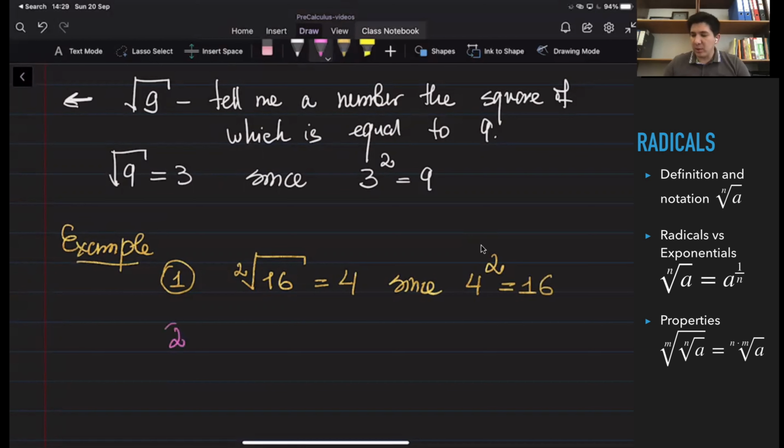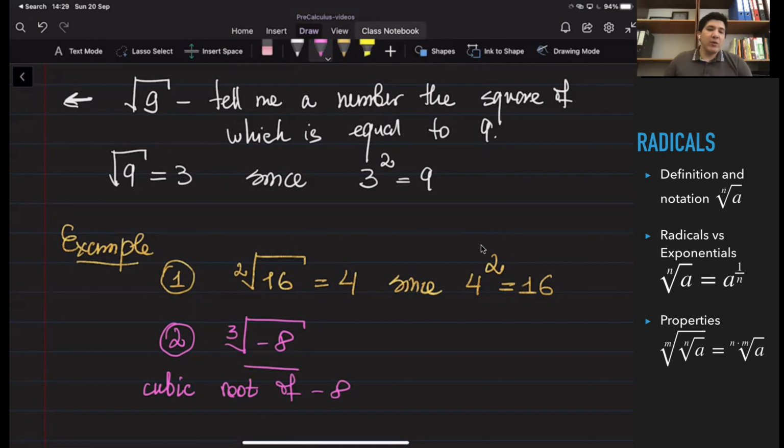So let's do another example. Example number 2. Let's say I would like to find the cube root of -8. Here I need to put the 3. So I would like to ask you, what is the cube root of -8? If you want, you can just leave your calculation at this stage, but I would like to get rid of this radical.